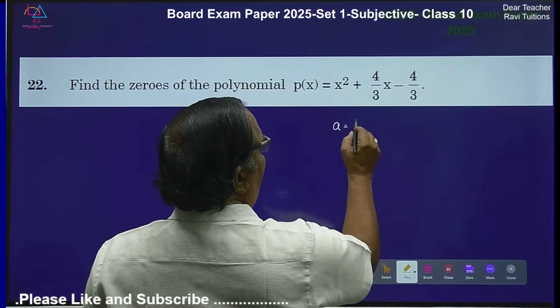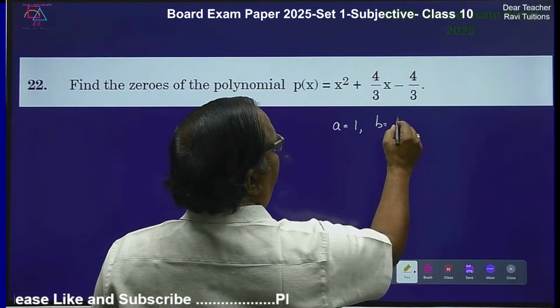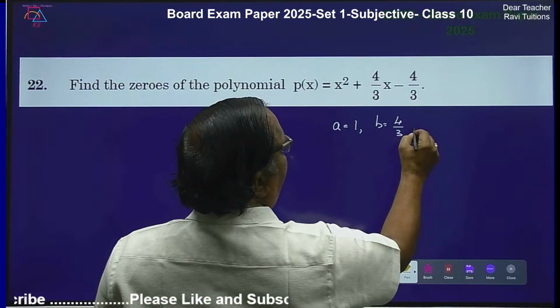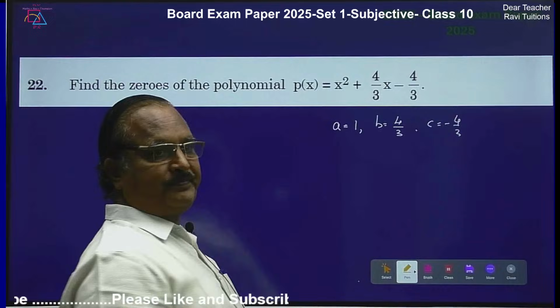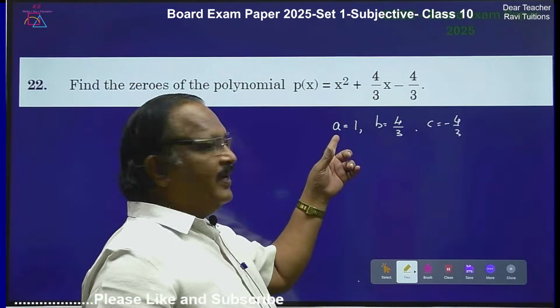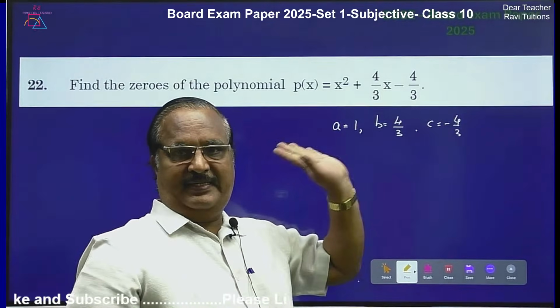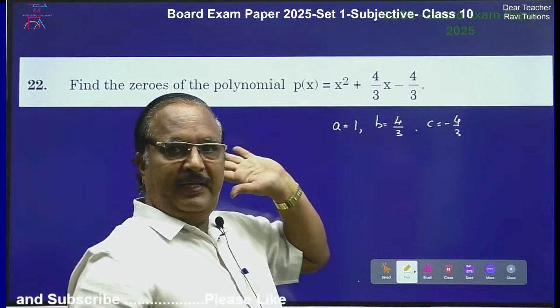A is equal to 1, B is equal to 4 by 3 and C is equal to minus 4 by 3. My target is to find out A, B, C. If I find A, B, C, then you will be getting the polynomial.